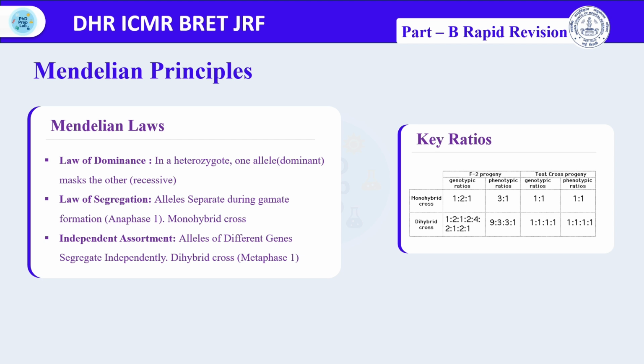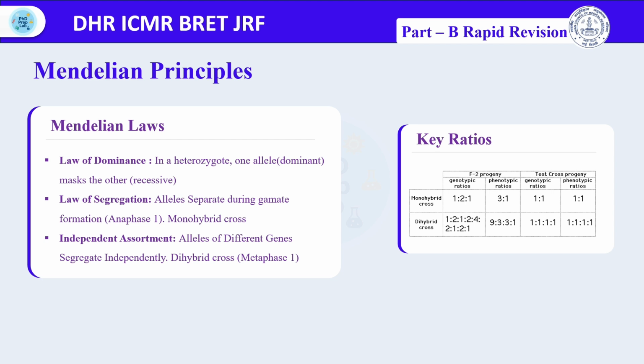Now we have the law of segregation, where alleles separate during gamete formation. Alleles are basically two different types of a gene. Like you have one gene for height, and you have two alleles, one for tall height and another for dwarf height.